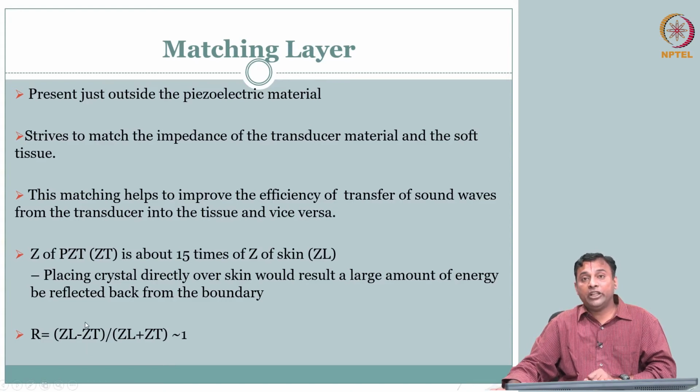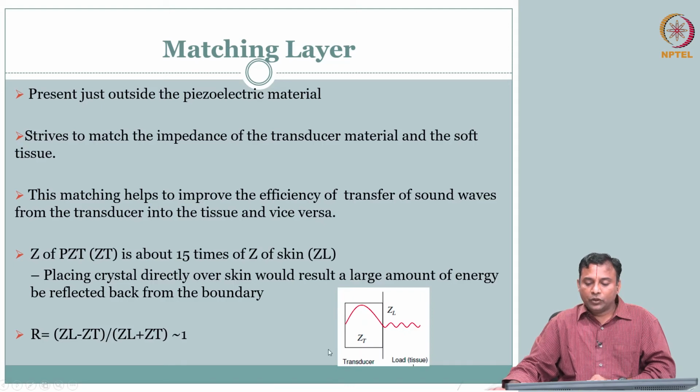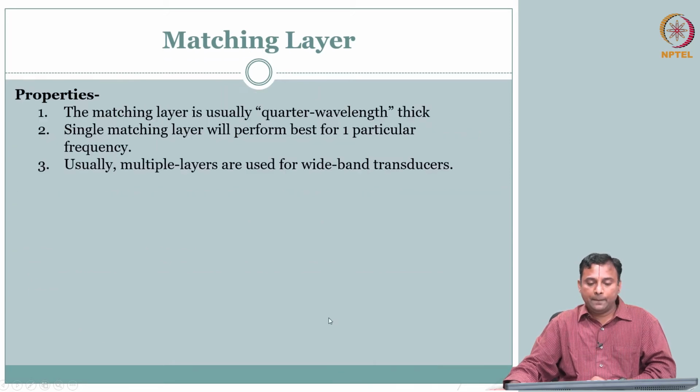So we put gel on top of this matching layer. So you have your transducer, this is your tissue, and in between them you need to have some matching, okay, so that it goes efficiently into the tissue, otherwise everything will come back.